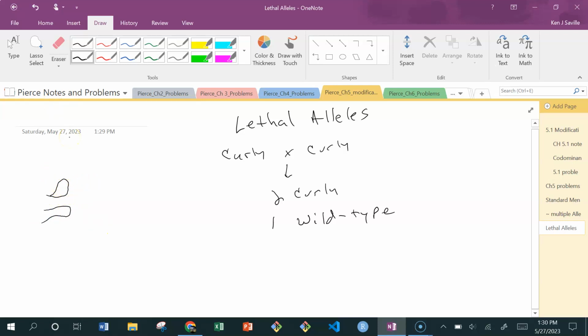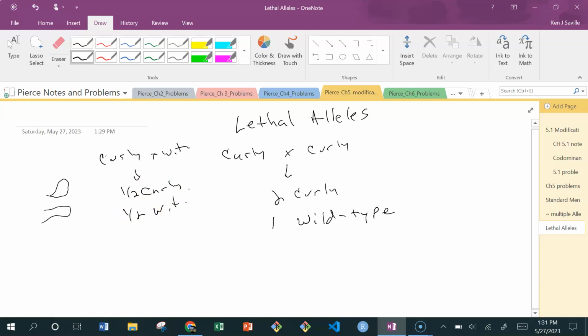So what can we learn from this? Now, we didn't cross curly to wild type here because it turns out that if you do cross curly to wild type, you always get 1/2 curly and 1/2 wild type.